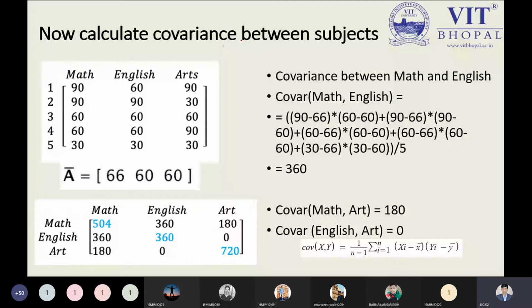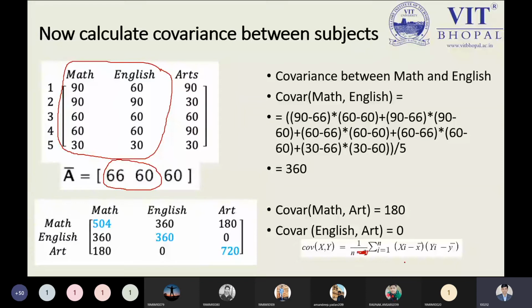Here we are trying to calculate the covariance between two subjects, math and English, and we have to use their means. These are the values. How are we getting these values? Please listen carefully. It's only n, not n minus one. I will update this thing. Don't worry. So what is the formula of the covariance?